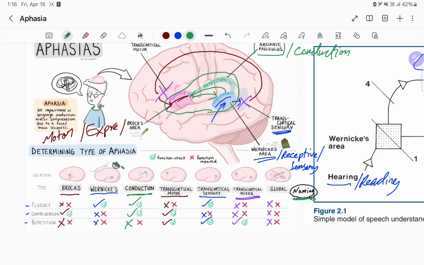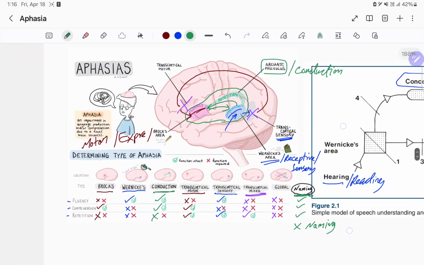In this type of aphasia, everything will be intact: fluency, comprehension, repetition. However, when you ask the patient to name, you will have a naming defect, so the only affected part is naming. And by this, we have now identified all 8 types of aphasia: Broca's, Wernicke's, conduction, transcortical motor, transcortical sensory, transcortical mixed, global, and naming aphasias.